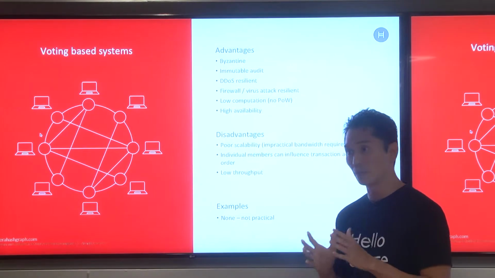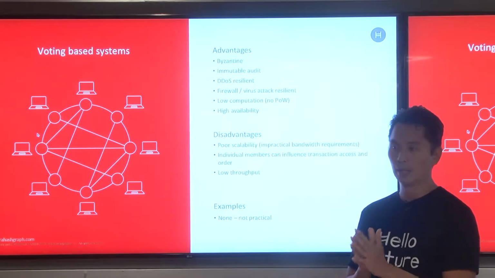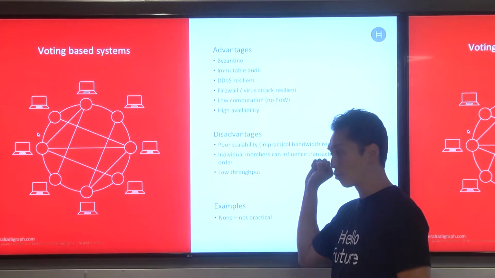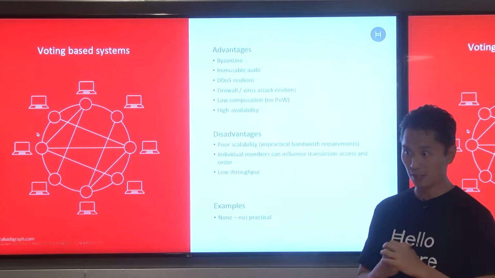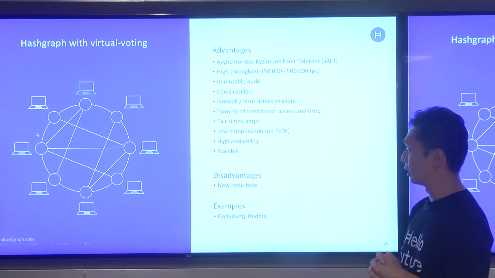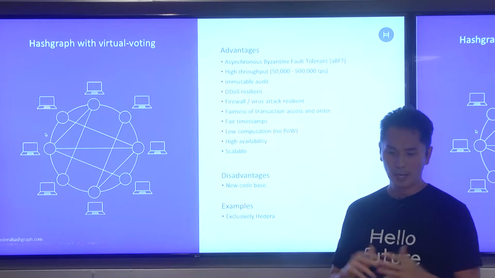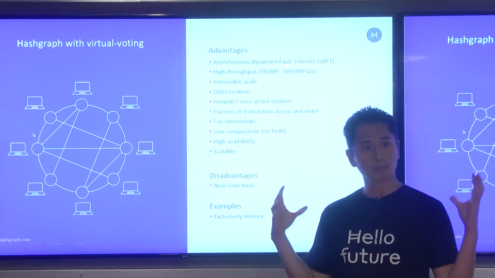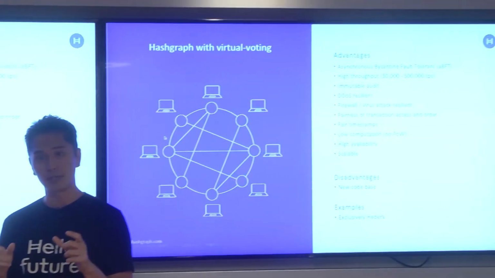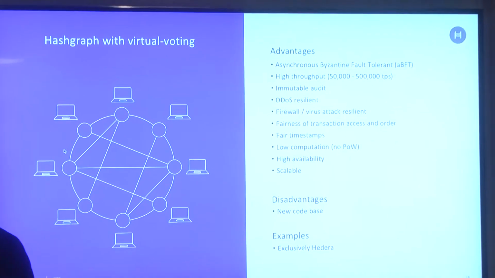And that's exactly what Dr. Leemon Baird, our chief scientist and the inventor of Hashgraph, had created with the Hashgraph consensus mechanism. So again, I'll touch on the properties of Hashgraph. Hashgraph is extremely fast, over 100,000 transactions per second in our cryptocurrency transactions in a single shard.